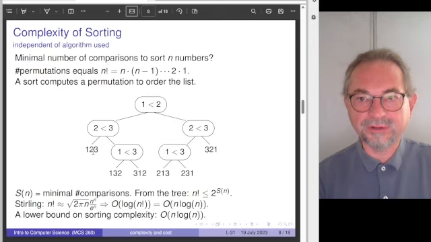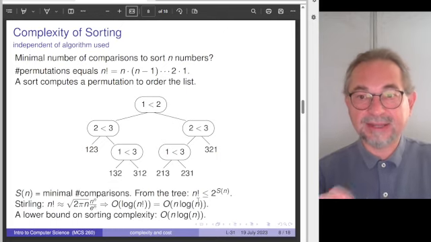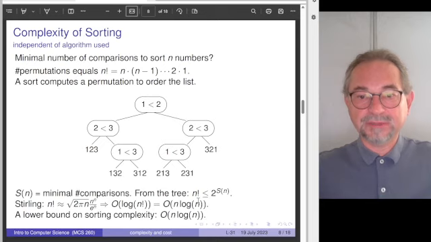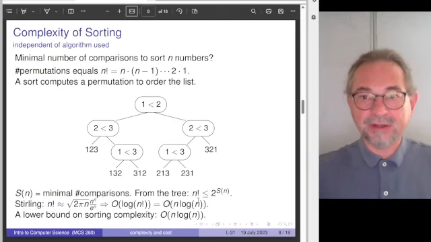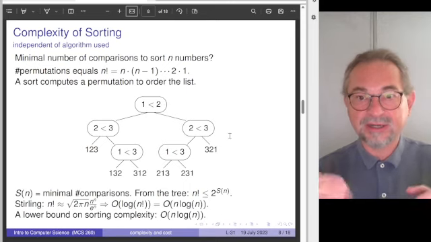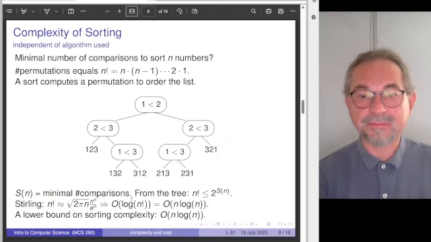For 4, you will have 24 leaves in your tree. So your tree has n factorial leaves, and that is bounded by the number of comparisons. So this is an intrinsic, very hard limit: the minimal number of comparisons that any algorithm would need to take.